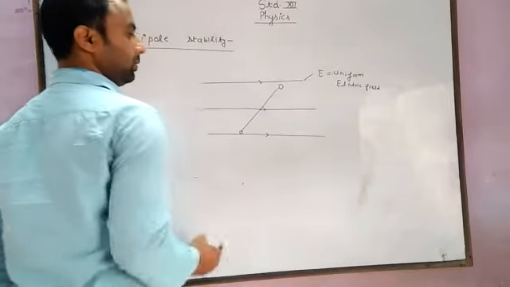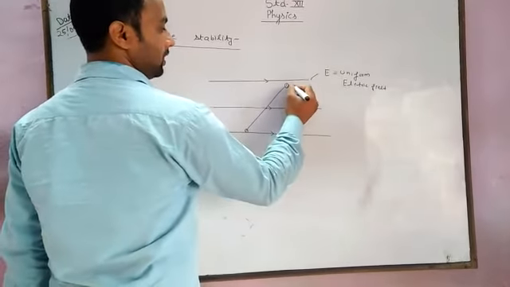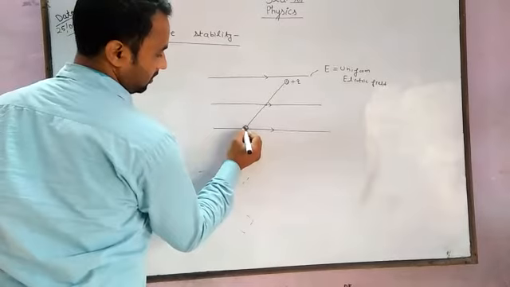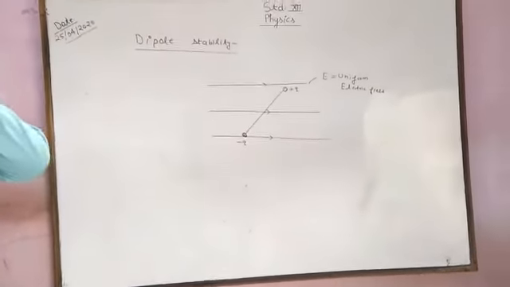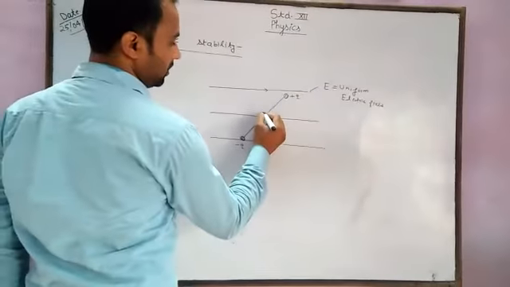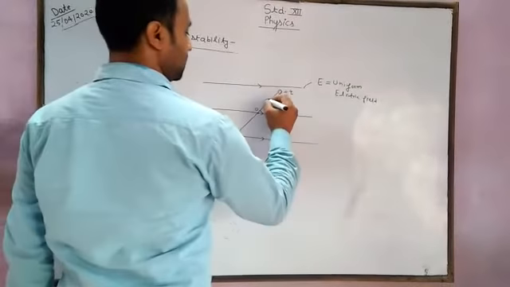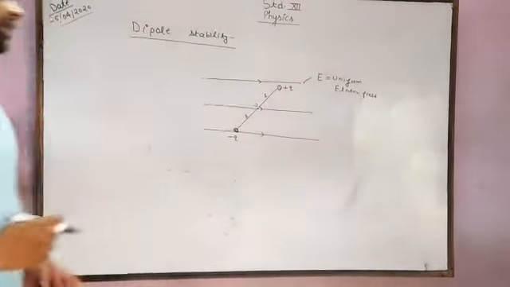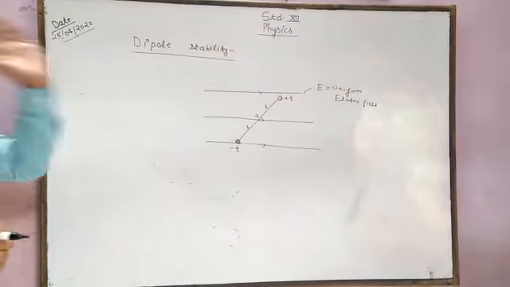This is the positive Q, and this is the minus Q. This is the center of the dipole, and the distance is L on this side and L on this side.